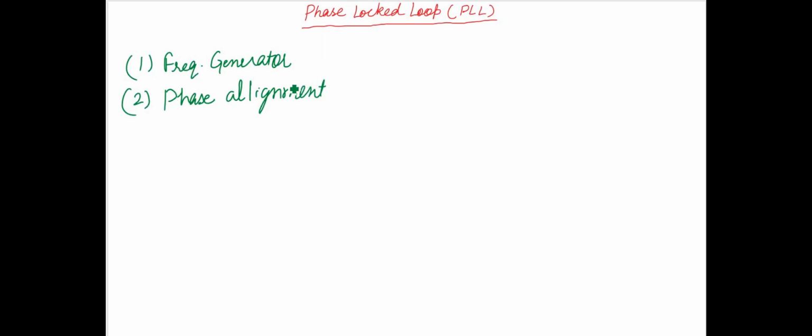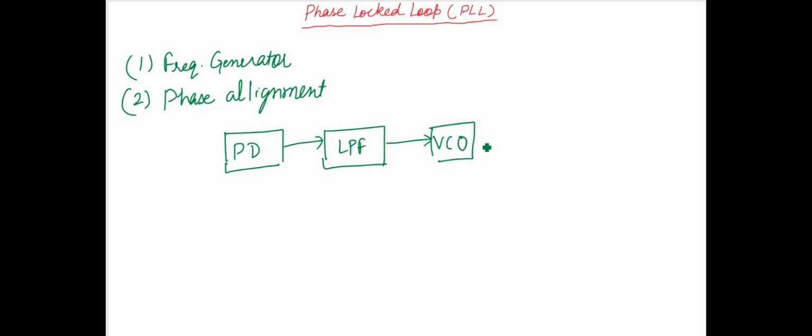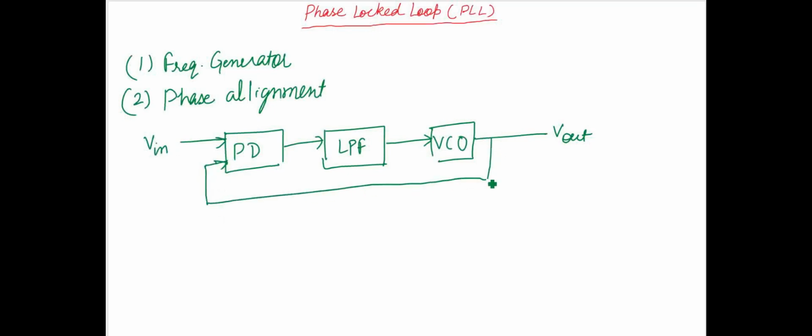So first let's go to the basic operation of the PLL. Let's make the block diagram of the PLL. The PLL contains one PD block, then it contains a low pass filter block, and then it contains a VCO. It gives the output V out, there is V in, and this output is coming as feedback to the PD.